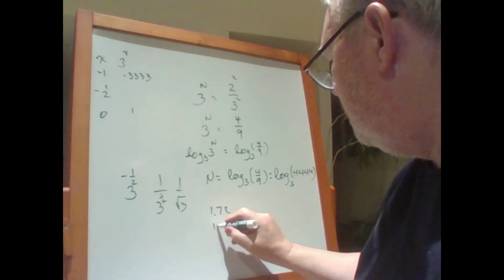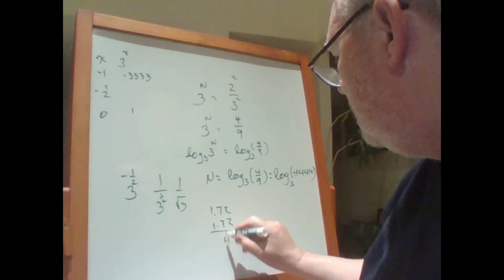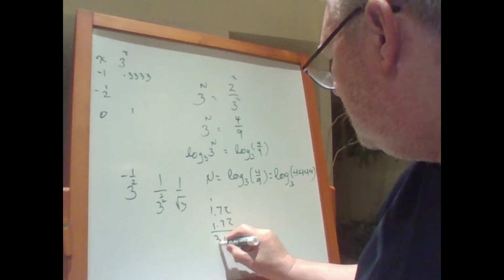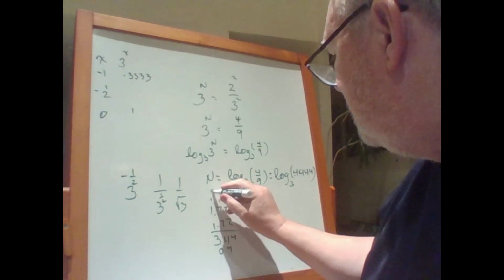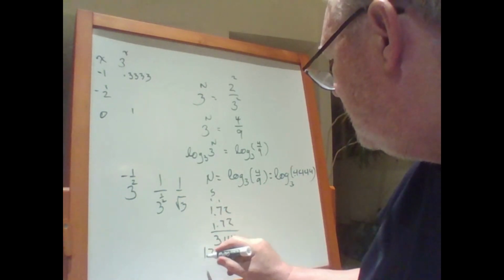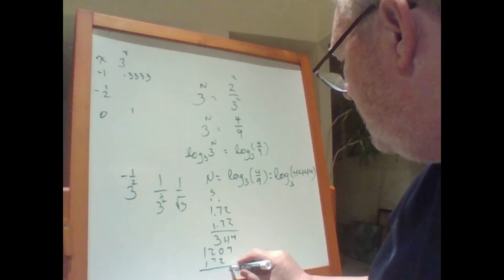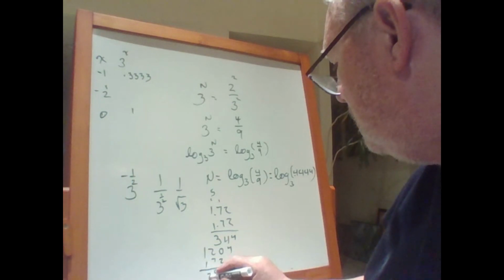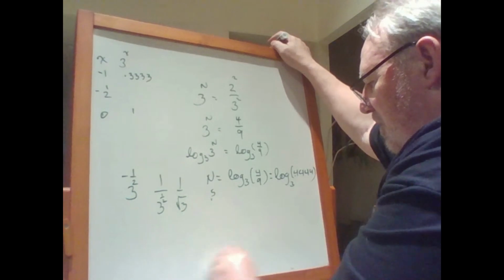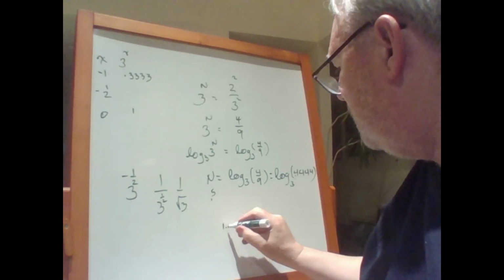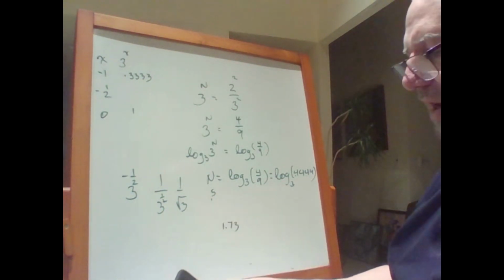Let's say 1.72, that's 2.95. So it's about 1.73. Let's try 1.73 squared and see what we get.